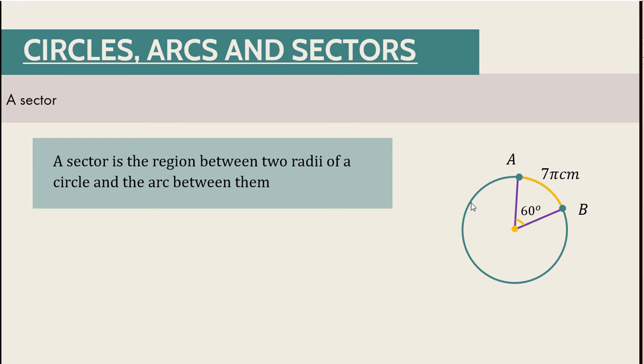So you can imagine that a sector is like a pizza piece. When you buy a pizza, it is like this, and then you cut a piece of pizza, a slice of pizza. It looks like a sector, or a sector looks like a slice of pizza.